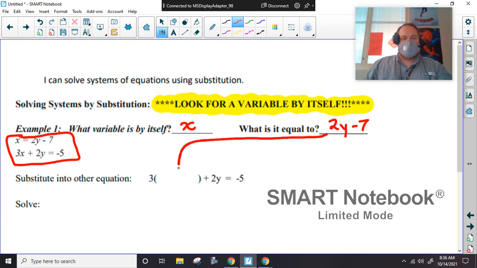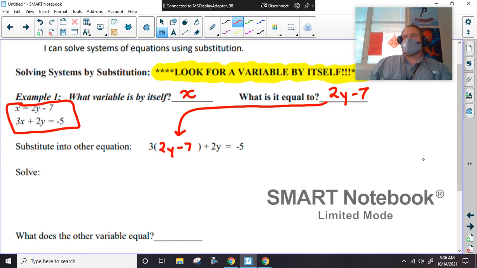We actually plug it in right here. So we would take that and plug this in, and now we only have one variable that we need to solve for. So we went from 2 down to 1.